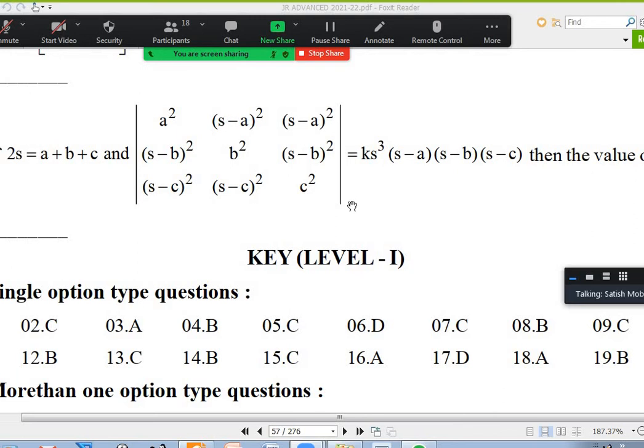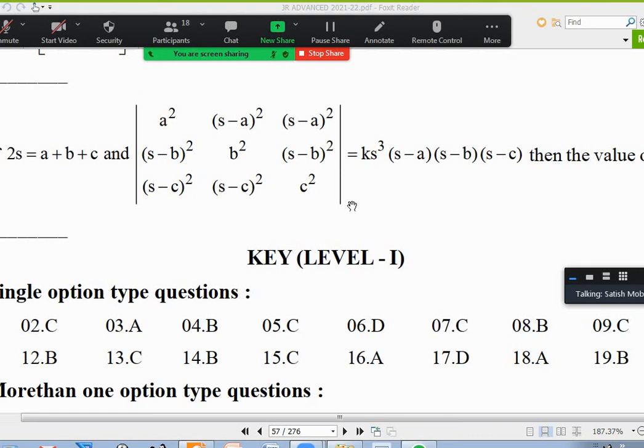They said S is equal to (A plus B plus C) by 2. The determinant has rows: A square, (S minus A) whole square, (S minus A) whole square; (S minus B) whole square, B square, (S minus B) whole square; (S minus C) whole square, (S minus C) whole square, and C square.